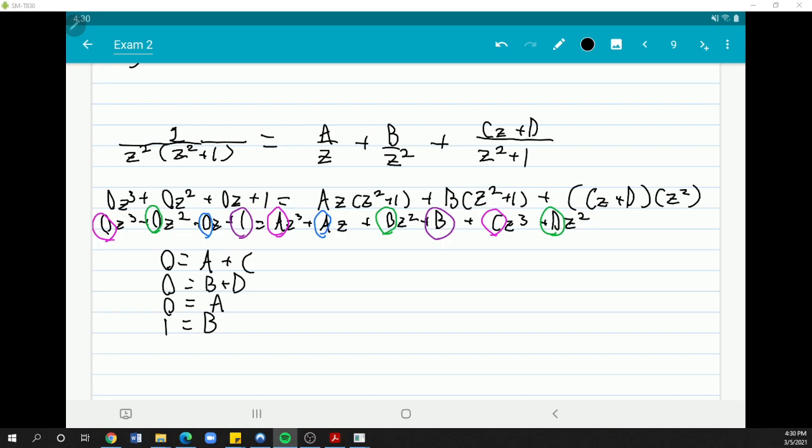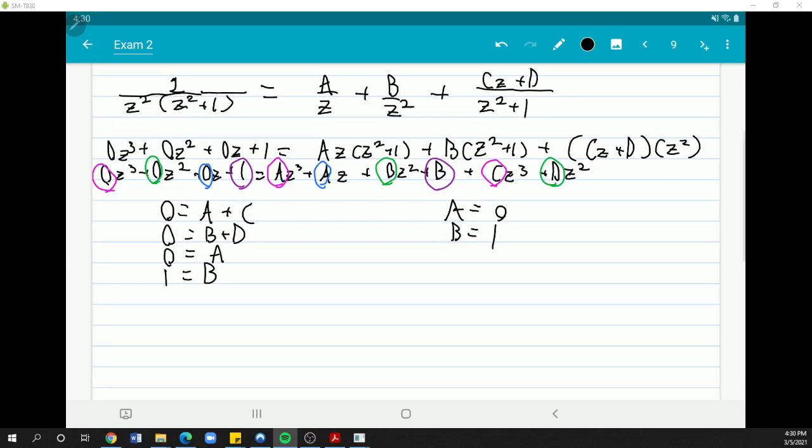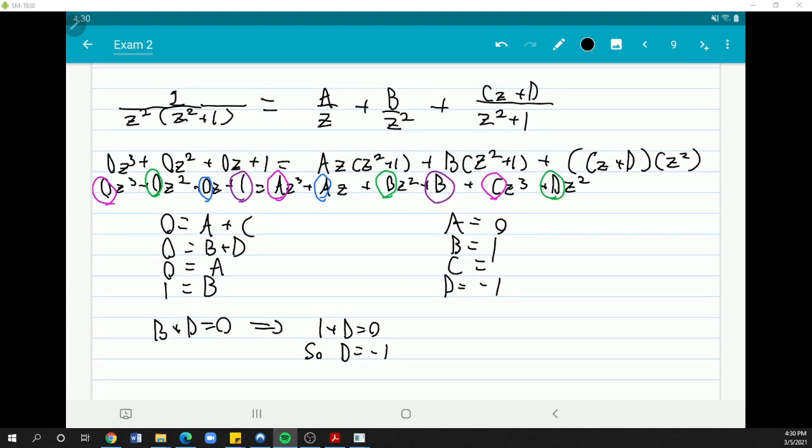Okay, so this is pretty great because this makes doing this fairly easy. So a we know is equal to 0, b is equal to 1, b plus d equals 0. That implies 1 plus d is 0, so d equals minus 1. And then finally, 0 is a plus c, a is 0, so c equals 0.